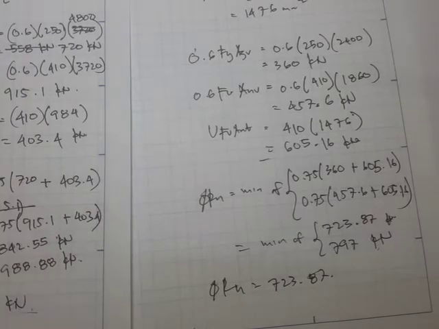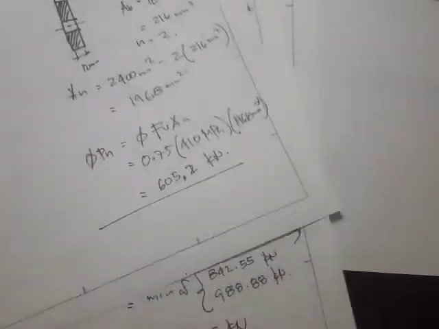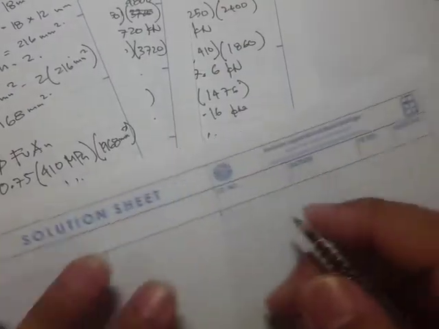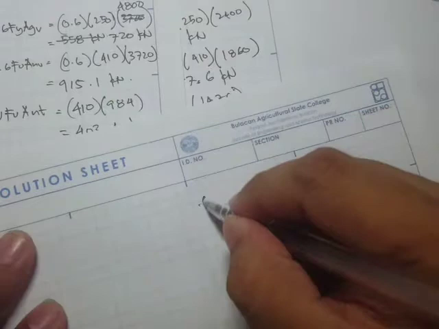Okay, so therefore phi Rn, the minimum is 723.87. Now we have actually solved the various capacities based on the different limit states. Now the design capacity would be, okay, so this is 4, 5, this is 6.